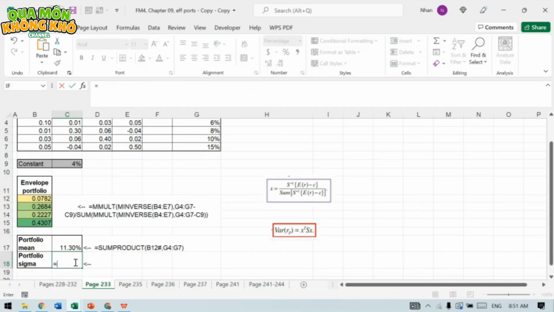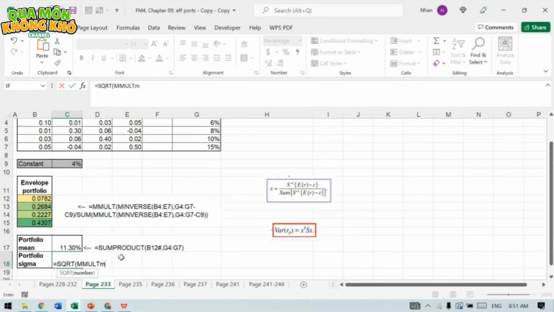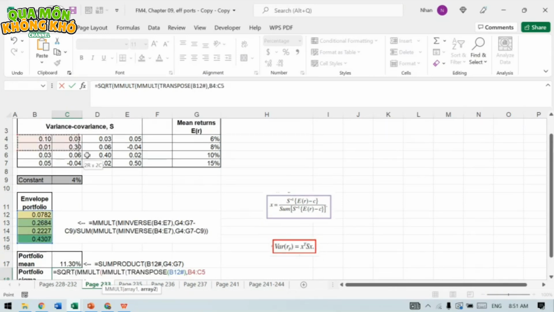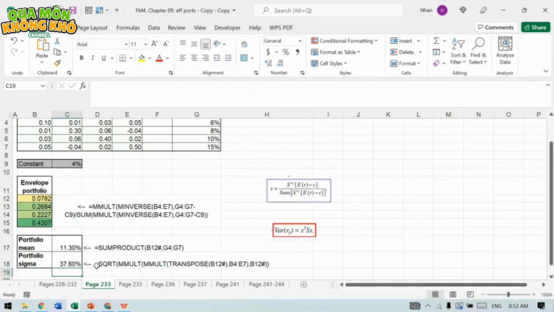And the sigma, just take the square root of the variance, the transpose of here, and then the variance covariance here, and then the envelope portfolio. Yes, I have the same result.